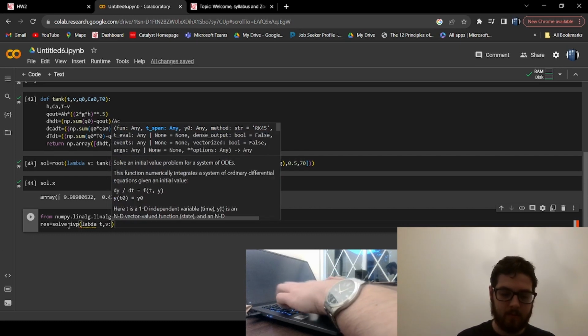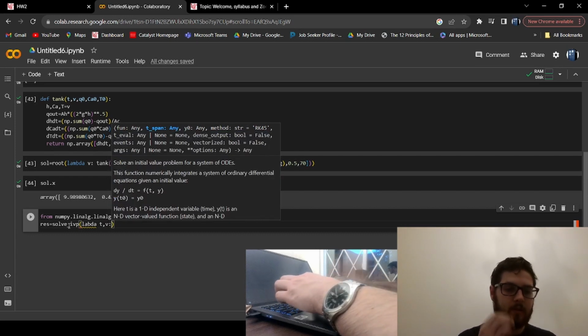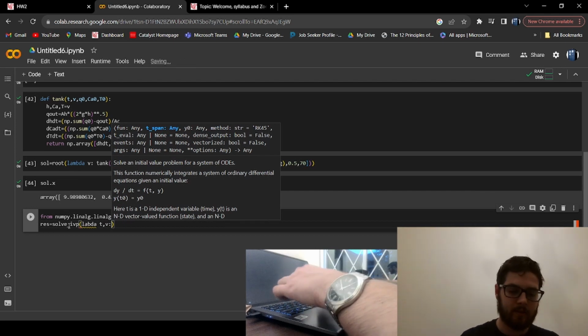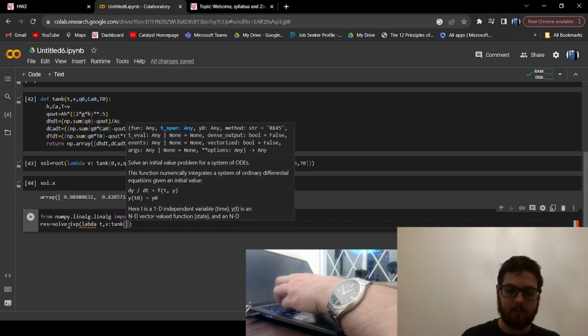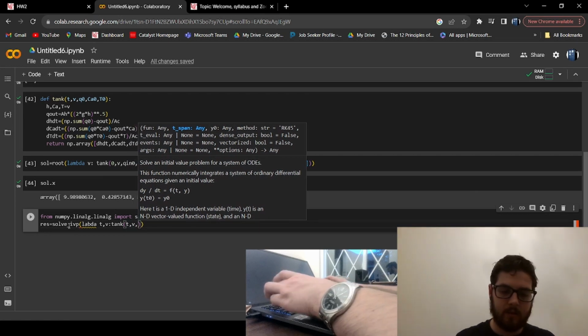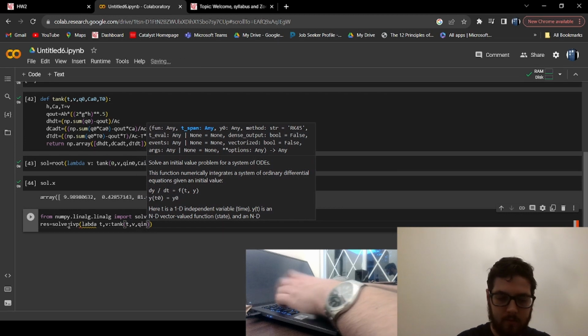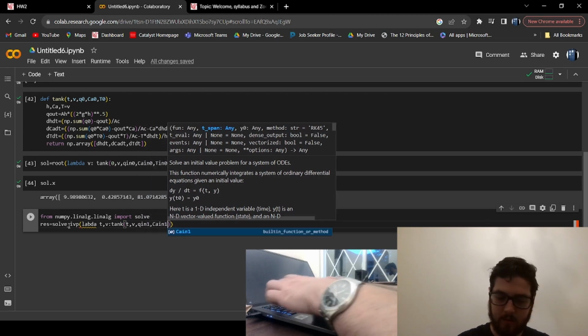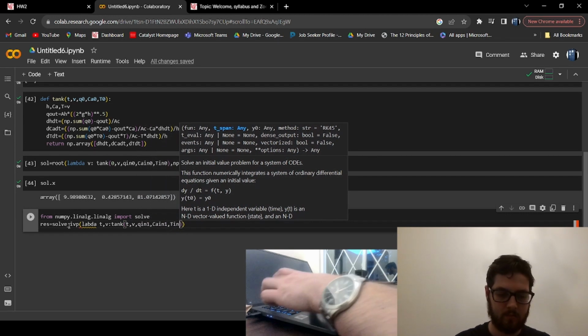And we want the function of tank with t, v, and instead of Q0s, we want the Q1s, and T_in1.